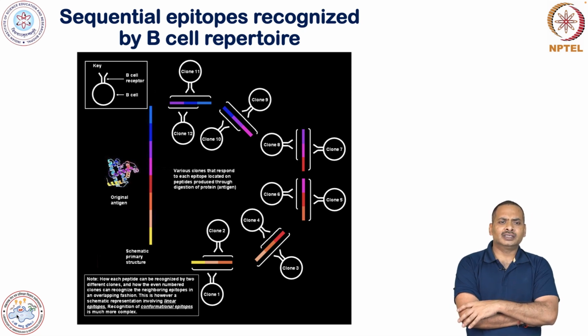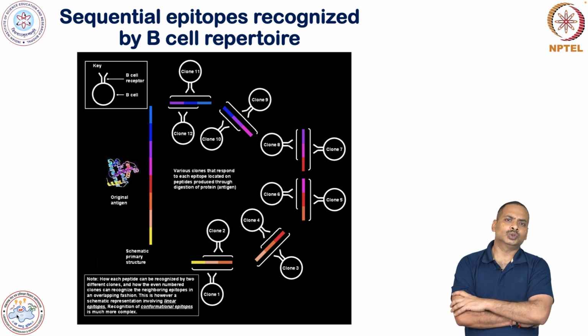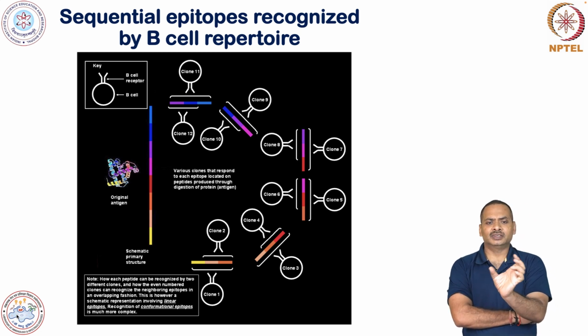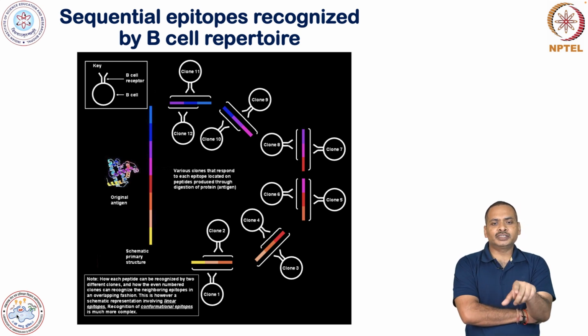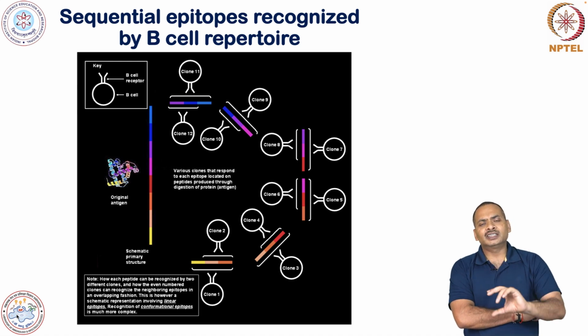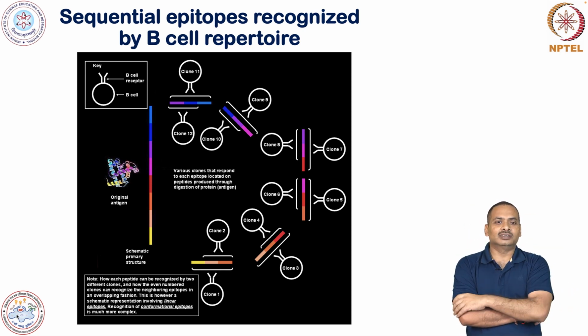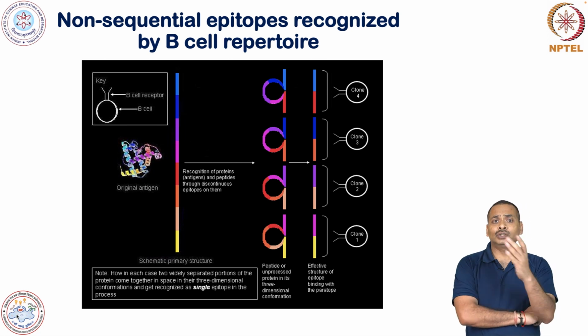Here you can see that clone 1 can recognize this yellow and little orange color and darker orange color. So, this is a sequential epitope. If you see the various clones 1, 2, 3, 4, 5, 6, 7, 8, they are basically recognizing the sequence of this protein. And if you see the another structure, here you can see there is a non-sequential epitope.